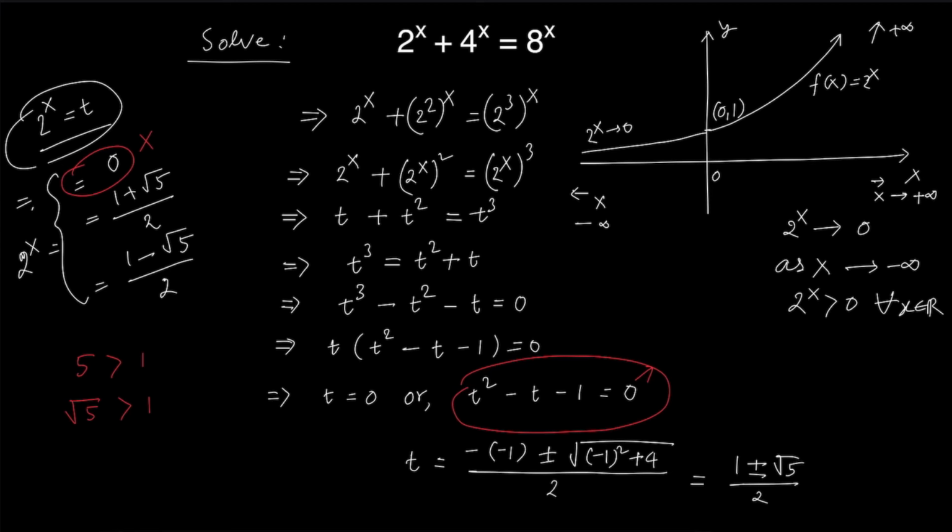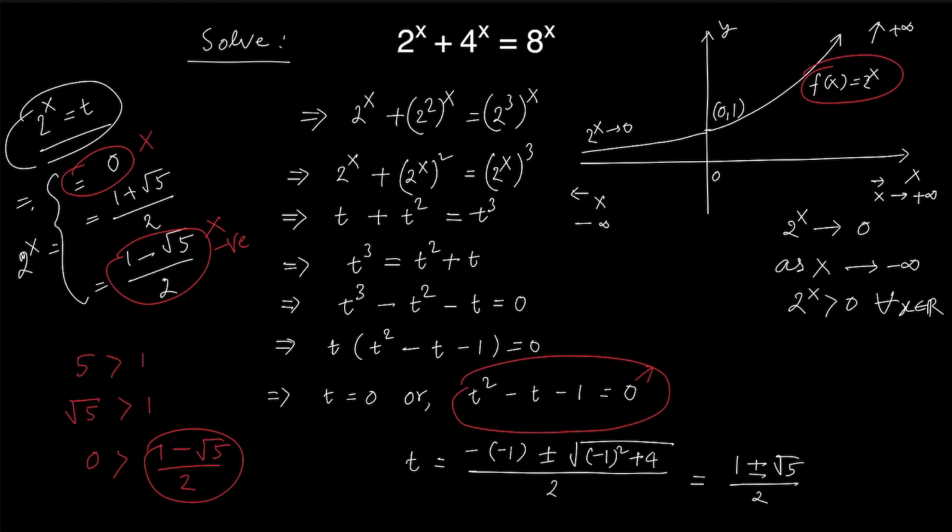That means 1 minus root 5 by 2 is a negative number, and we see 2 to the power x is never negative, and this value is negative, so this cannot also be a solution for this equation, right? So the only solution that we have is 2 to the power x is 1 plus root 5 by 2.